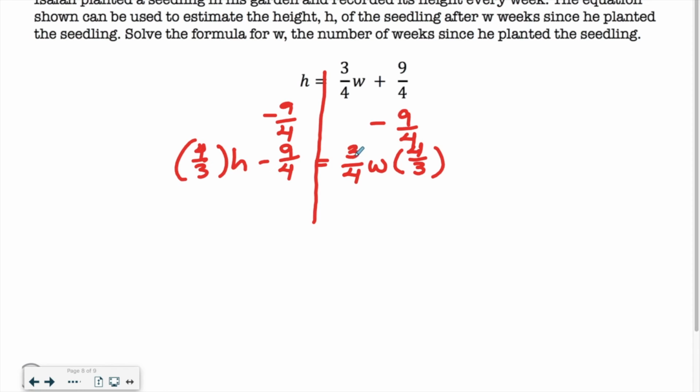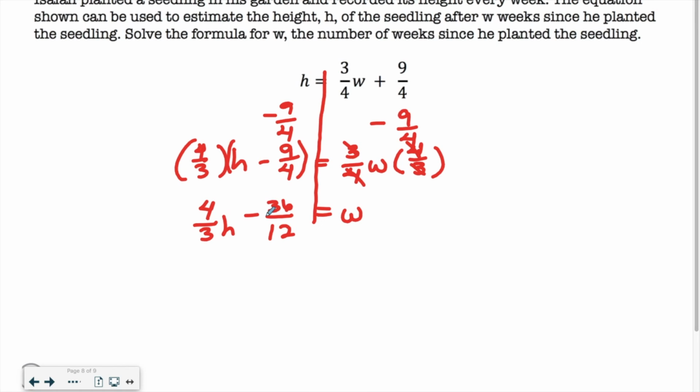And then you're left with w on this side because they cross cancel, the 3 with a 3 and the 4 with a 4. Then 4/3 h would just be 4/3 h. And this 4/3 is being multiplied by everything on this side. Then 4/3 times negative 9/4. The 4 times the negative 9 is negative 36, and the 3 times the 4 is 12.